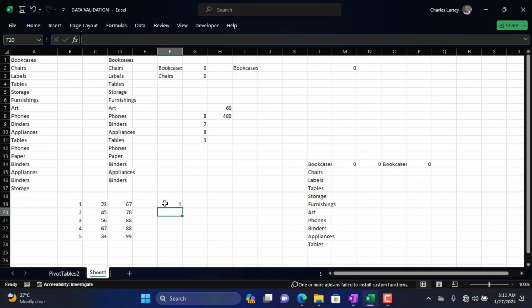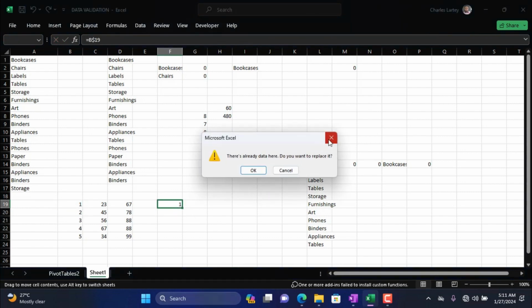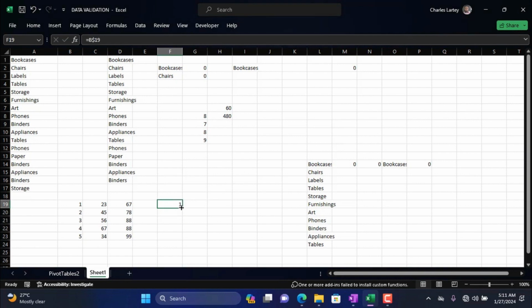Okay, so this is a reference in B19. We want to block the row. If you block the row, what does it mean? It means that when I'm moving down, the row will not change. So if I'm moving down, 2 will not come, 3 will not come, 4 will not come. So look at this. It's still only 1.